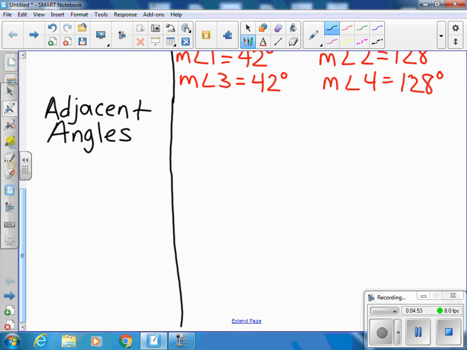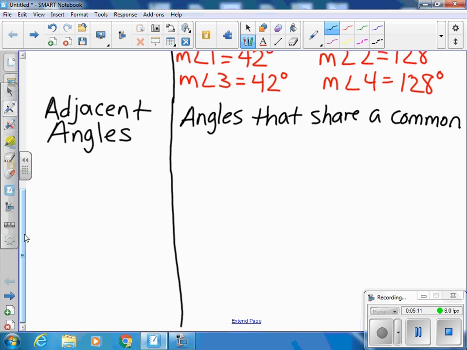When you share a fence, that's your adjacent partner. In an angle though, adjacent angles are angles that share a common ray, and side. Remember, a ray is an endpoint that has an arrow at the other end.